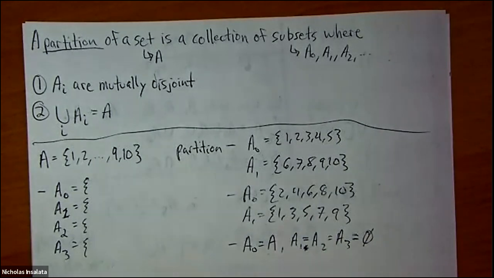What if we wanted to put some things into the sets? Can you give me an example of a 4 subset partition of A, 1 through 10, with non-empty subsets? Okay, 1, 2, 3 separate.